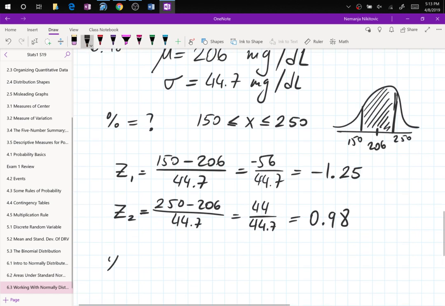So now the percent is going to be, well, area first. Area is going to be, we look at 0.98 on a positive chart. 0.98, that's 83.65. And then we subtract negative 1.25 from the left chart, 1056.